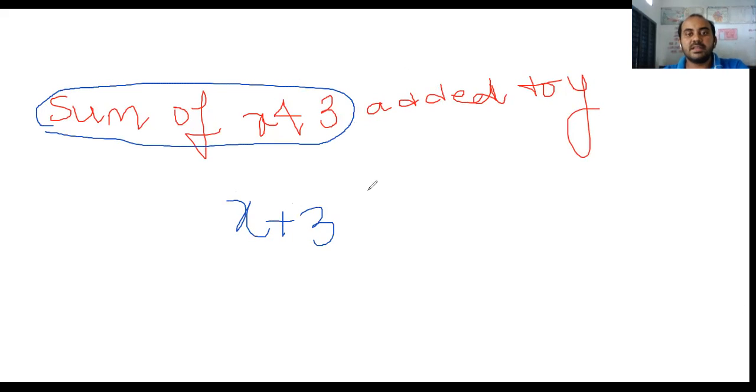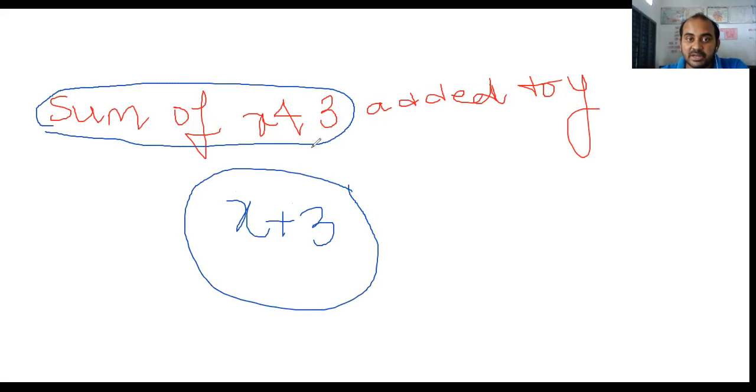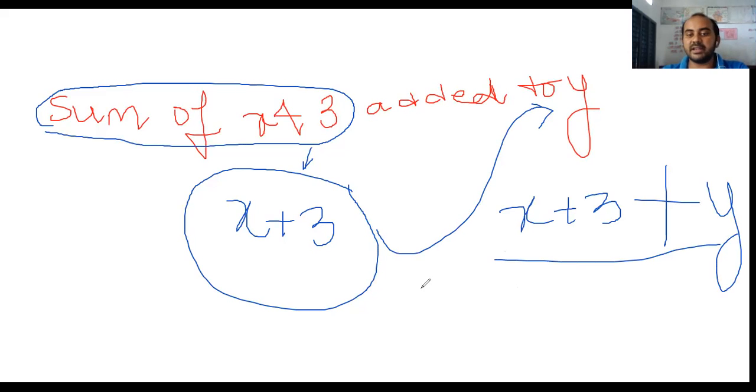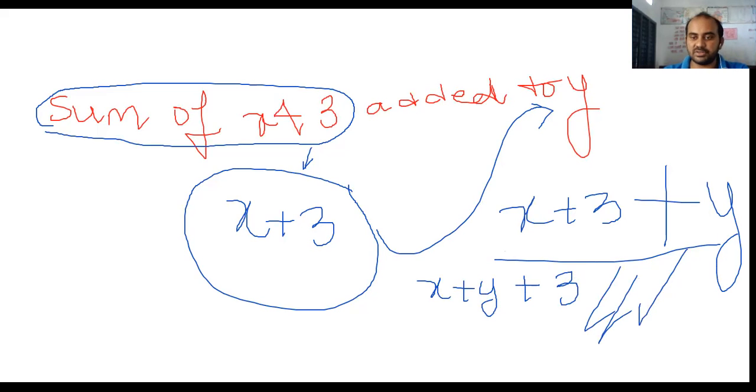Now the resultant of this part is this one. Now add this part to y, that is, x plus 3 added to, added means plus, y. Now this is the solution. While writing that expression, you have to write x first, and can I write the y before 3? Yes, plus 3. The statement is clear. This is the answer for the question. Good. Then go for the next.